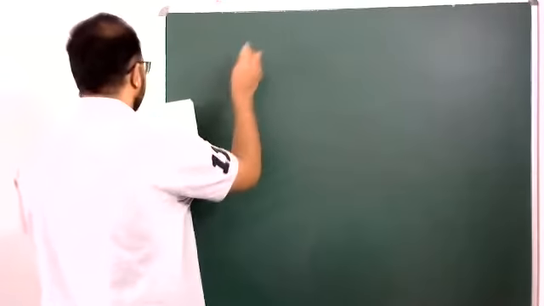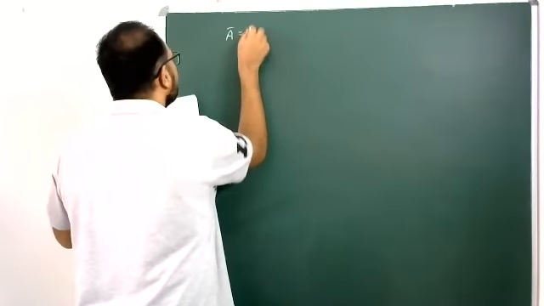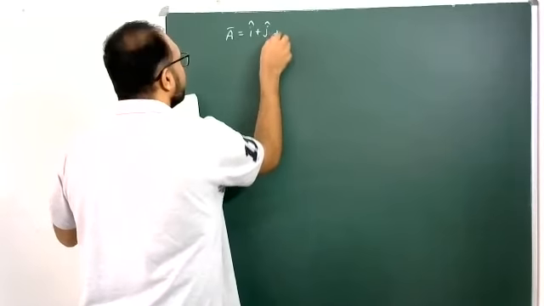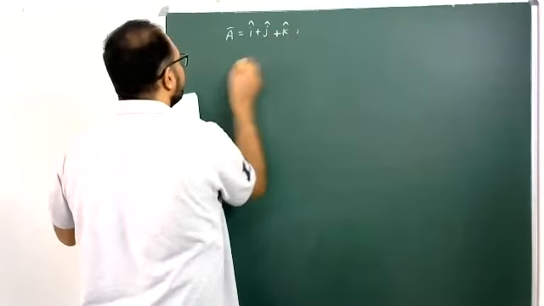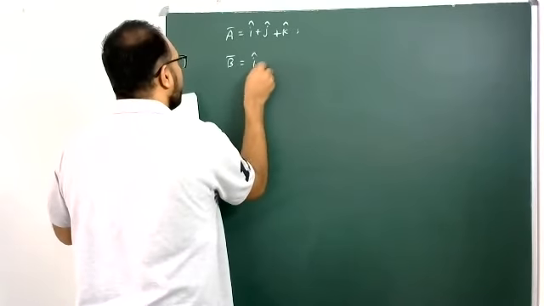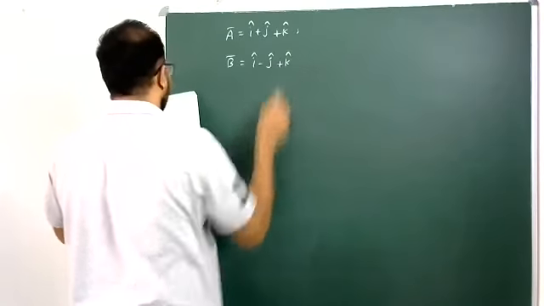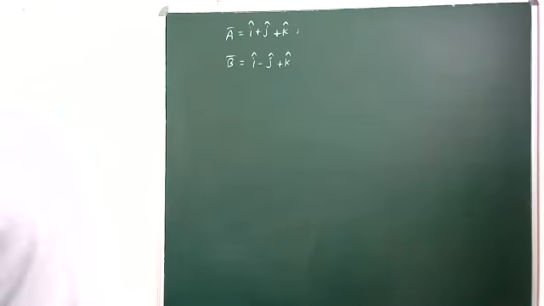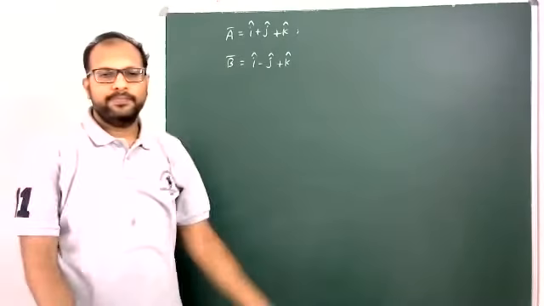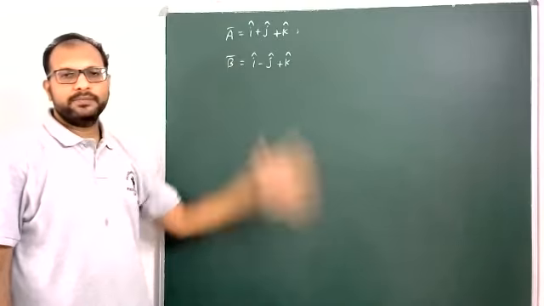Yes, now A bar equal to I cap plus J cap plus K cap, and B bar equal to I cap minus J cap plus K cap. Now the target is, yes students, two vectors are given, A bar and B bar.